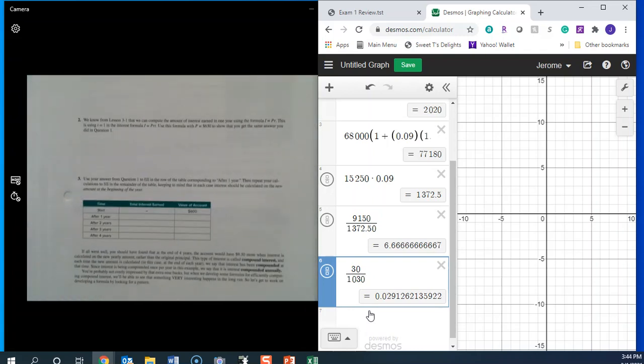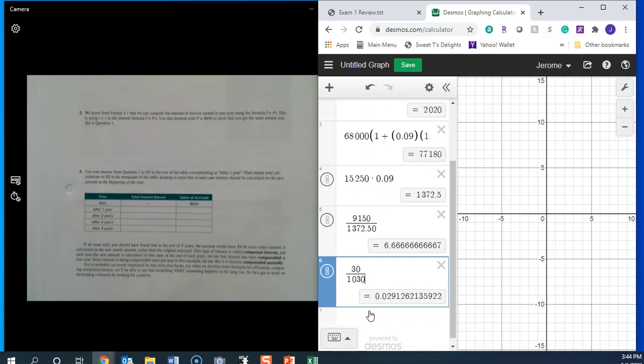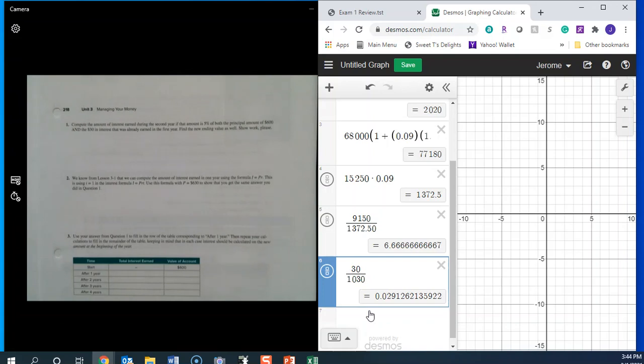It says here on the next page, it tells you to compute the amount of interest earned during the school year if that amount is 5% of both the principal amount of $600 and the $30 in interest that was already earned in the first year. Find the new ending value as well. Show work, please. Okay. So again, we're on page 218.